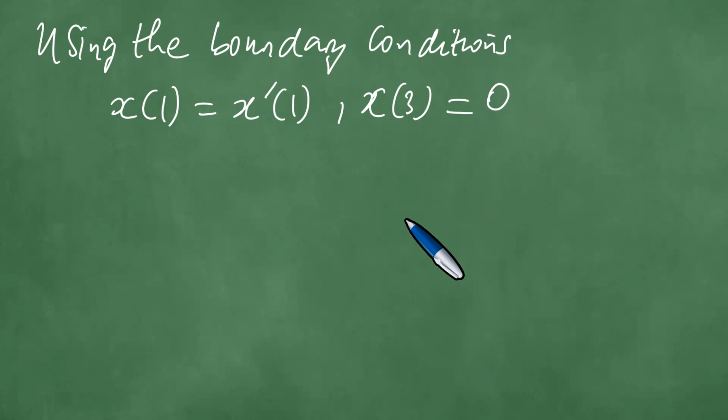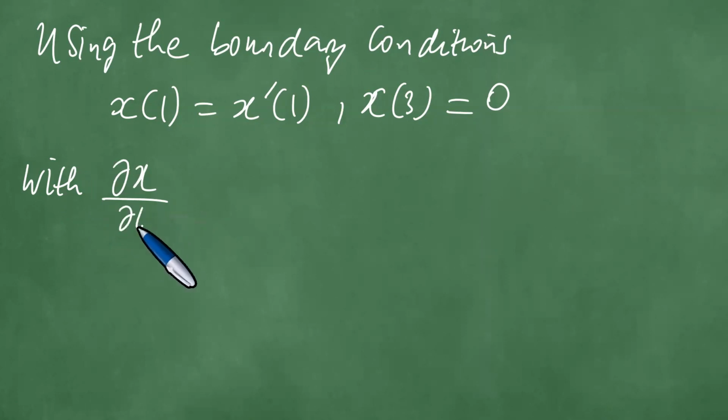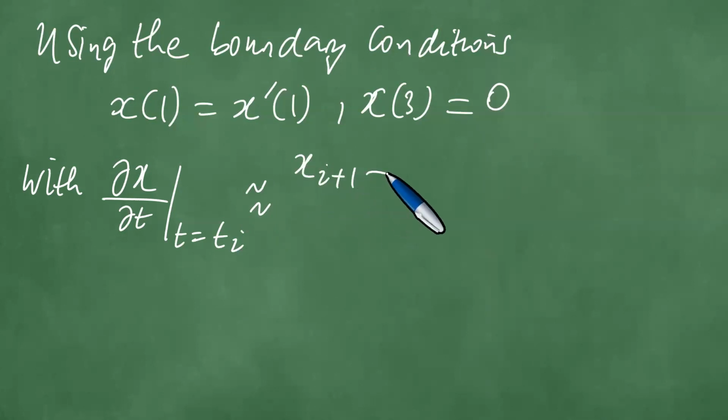Right, let's explore these. How do we explore these? We've already seen that this one here, the prime, we have said dx/dt, evaluated at t equals ti, is approximately x_{i+1} minus x_{i-1} divided by 2h.